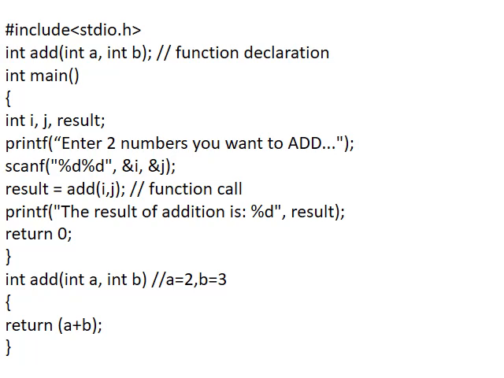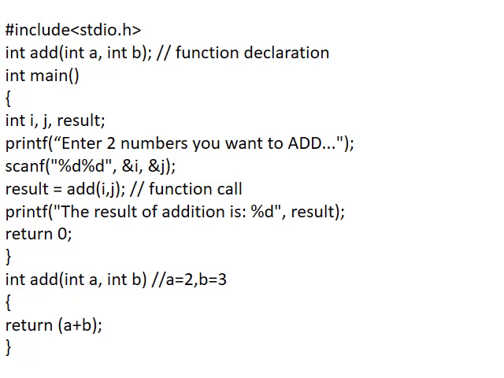Now I am calling the function add. I have already accepted two numbers, and now I will send these two inputs to the function add. Then the add function will add these two numbers and send the result back to the calling function. For example, if the user has given the input as 2 and 3, then i will have 2 and j will have the value 3.